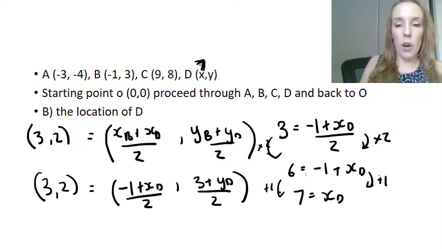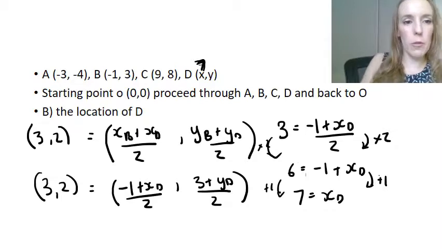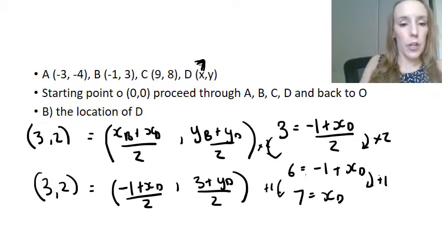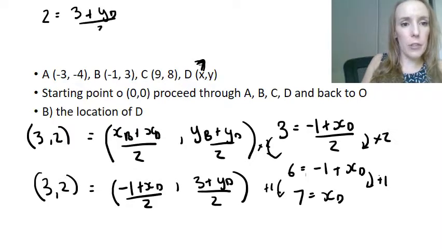And now we just have to work out the y coordinate. Now I'm running out of space, so I might do it up here. Please don't set it out as horribly as I've done. Work down the page. So our y coordinate we know has to equal 2, and that equals the y coordinate of B plus the y coordinate of D divided by 2. So I'm going to multiply both sides by 2 to get rid of that. So 4 equals 3 plus yD.